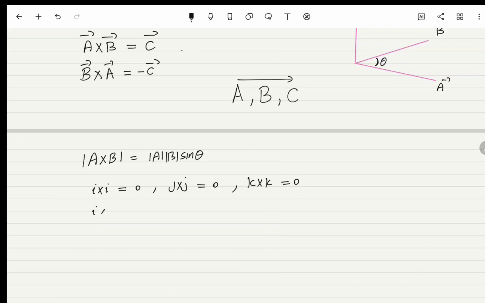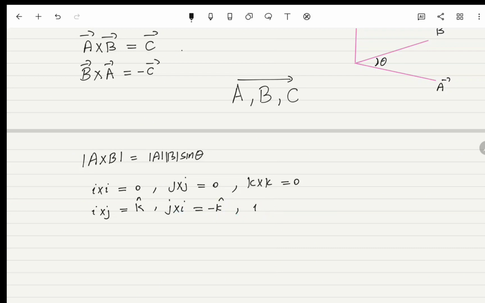Now I cross J equals a new vector perpendicular to them. And remember, it's cyclic. After I, it's J. So in this case, it's positive K hat. Now, J cross I, after J, it's K, it's not I. The answer is minus K hat.